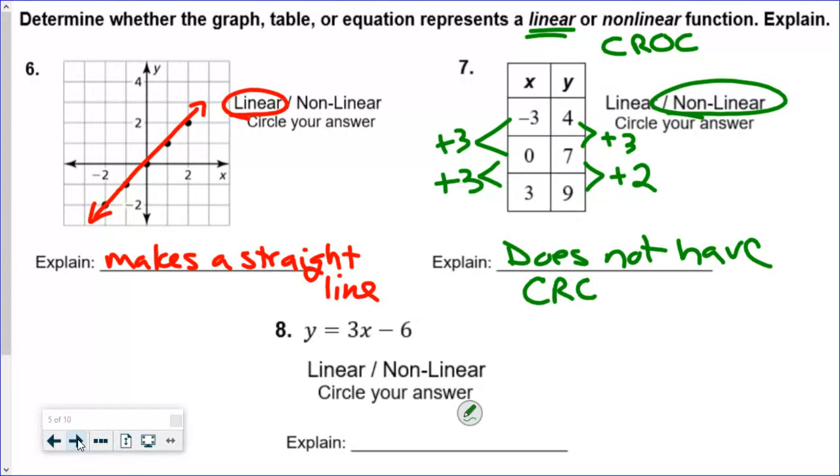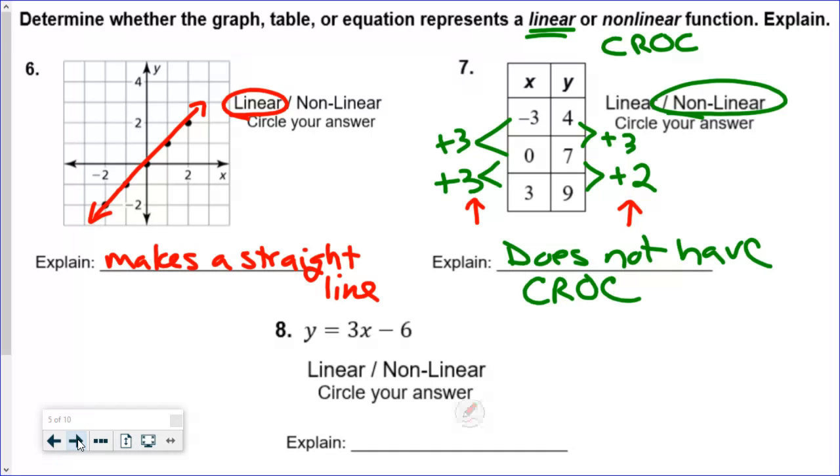And remember, CROC means it's a constant rate of change. This side would have to be all pluses or minuses by the same number, and this side would have to be all pluses or minuses of the same number. Could be plus 2, plus 2, plus 2, but it can't be adding or subtracting different numbers from your X column to your Y column.